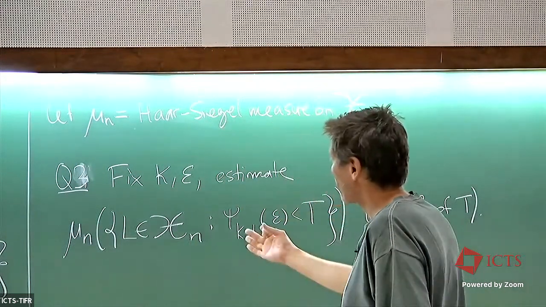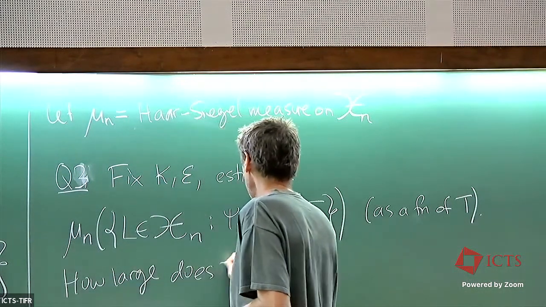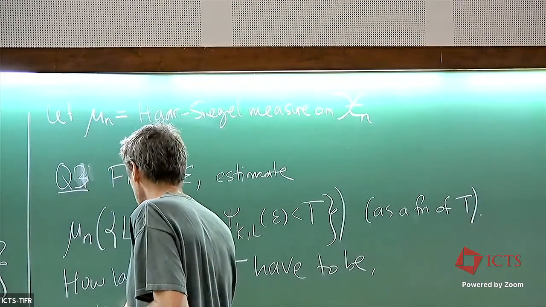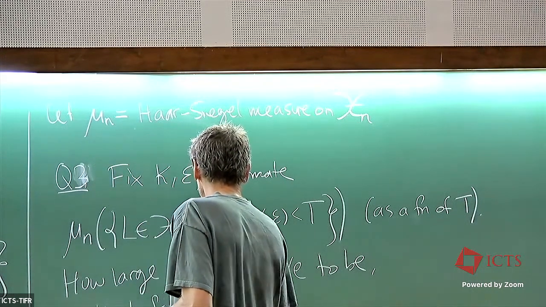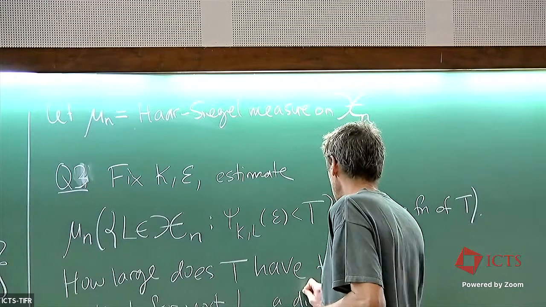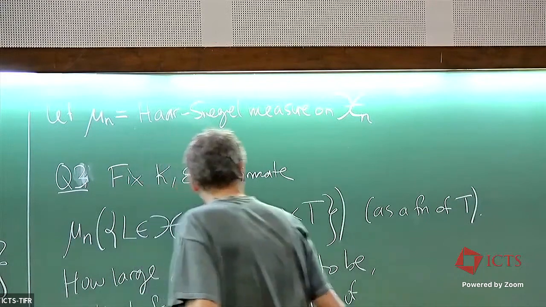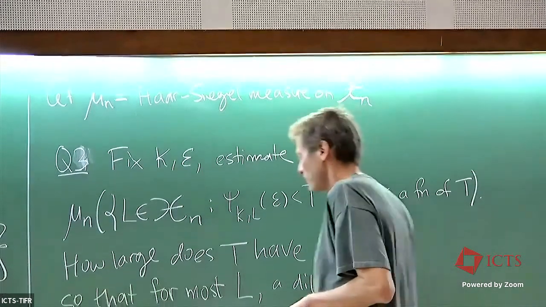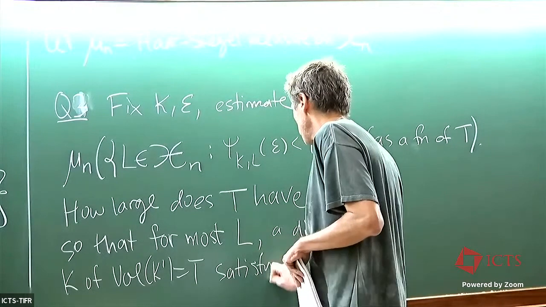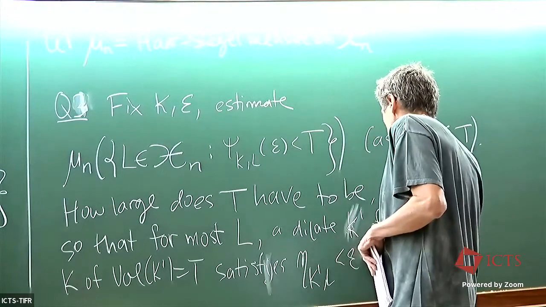What I'm asking is, how large does t have to be so that for most lattices L, a dilate K prime of K of volume t gives an epsilon smooth covering. This is the question.